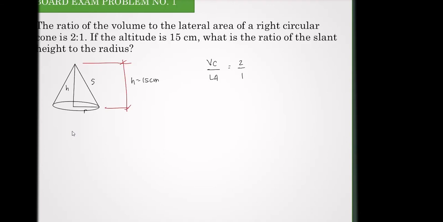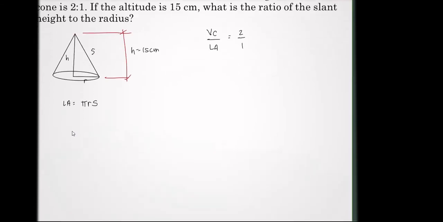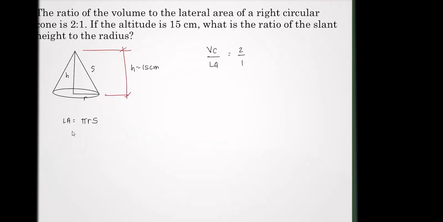In the books, the formula of the lateral area is equal to pi r times S. Again, this formula is already presented; I did not explain where it comes from or how it was derived. And for the volume of the cone, we have 1/3 the area of the base times the height. The base is a circle, so we have pi r squared times h.